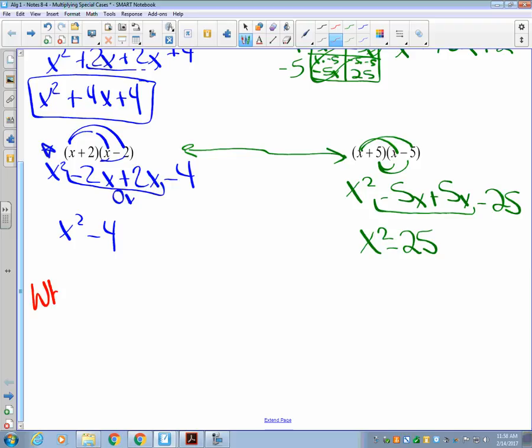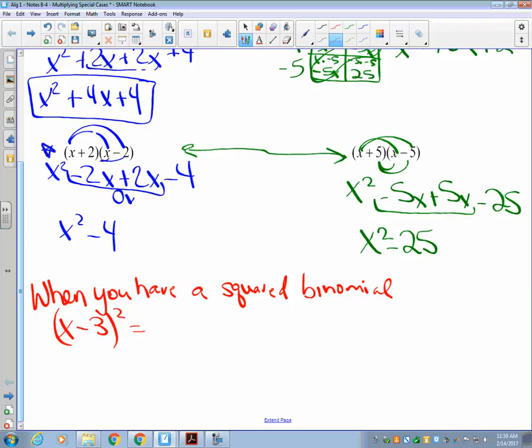So when you have a squared binomial, like we had, we'll go x minus 3 squared. You're going to take your first term and square it. So we're going to take x and square it.